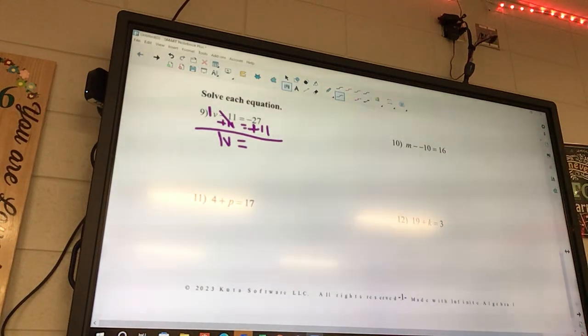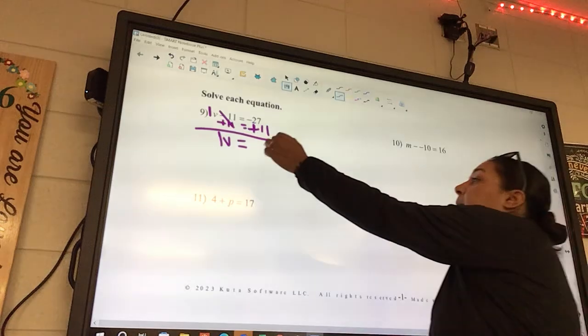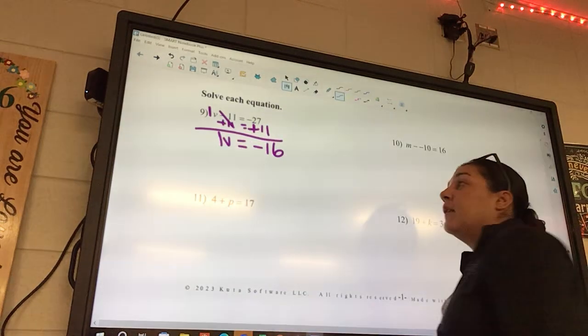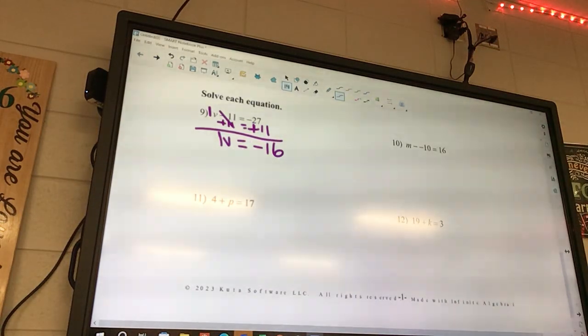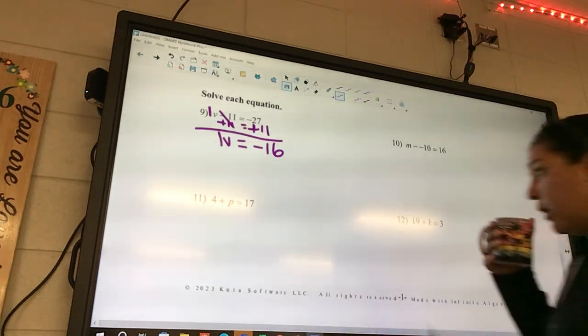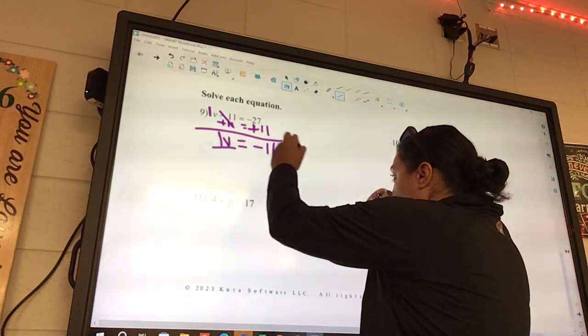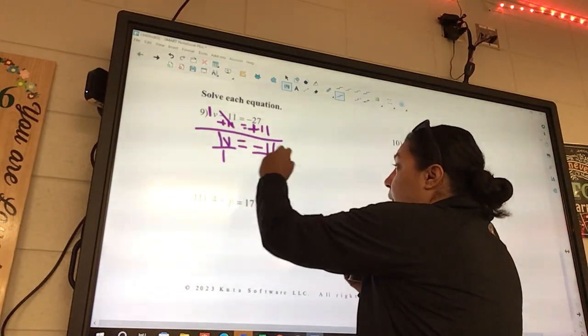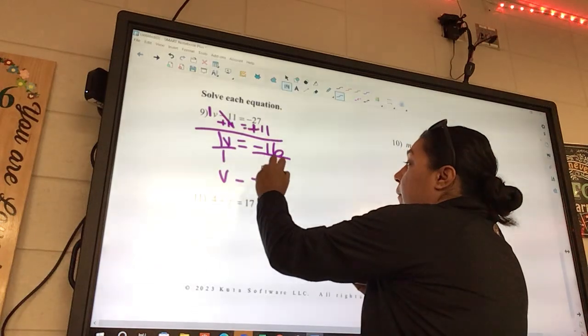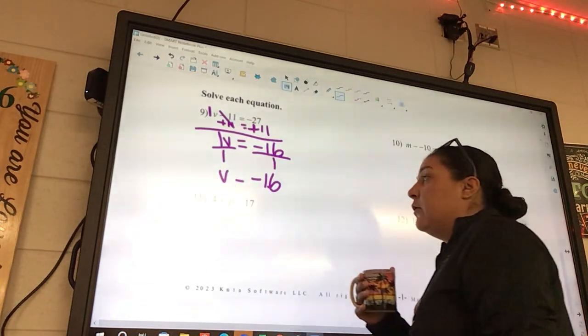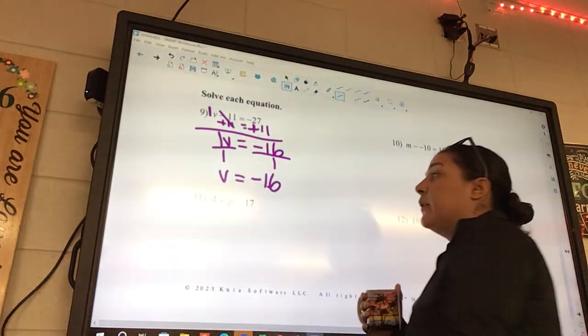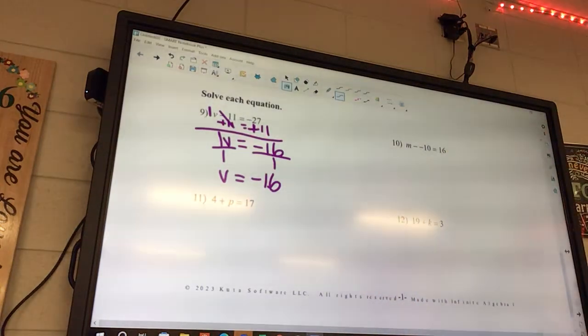Negative 16. Okay, and then what? Divide. We're gonna divide by what? 1. Okay, you're gonna divide by 1, so what is my answer going to be? Negative 16. Mm-hmm. And the board is really making me mad at this point. I have to draw the same thing like 4 times in order for it to work.